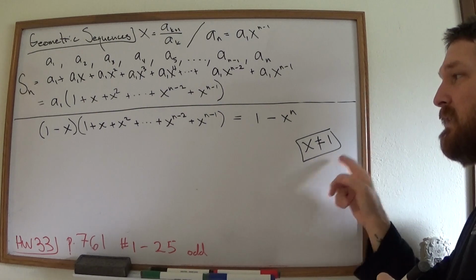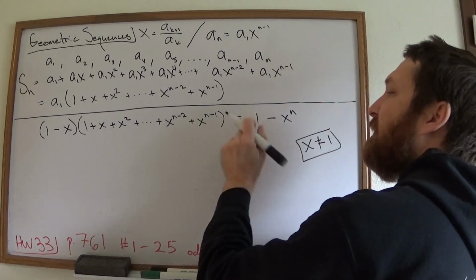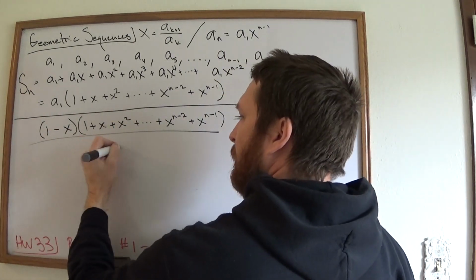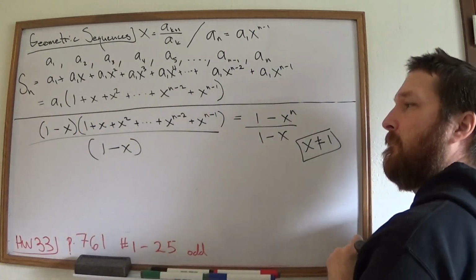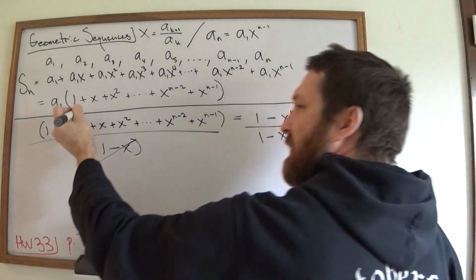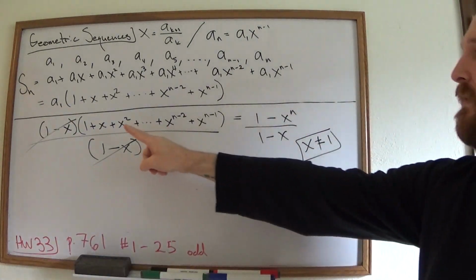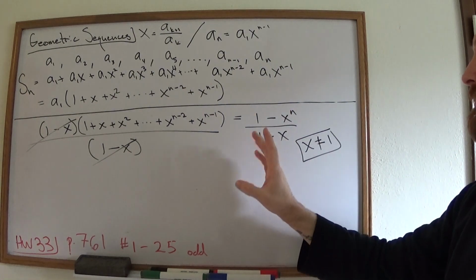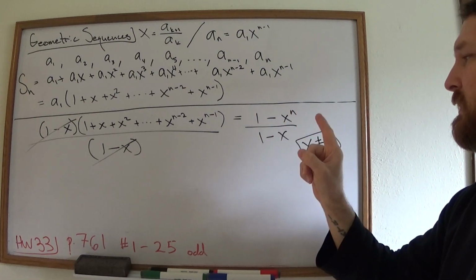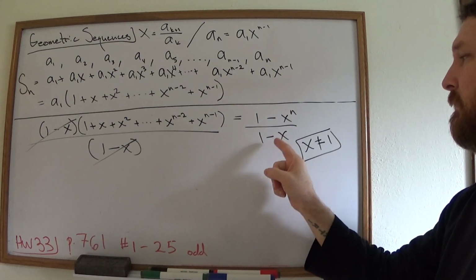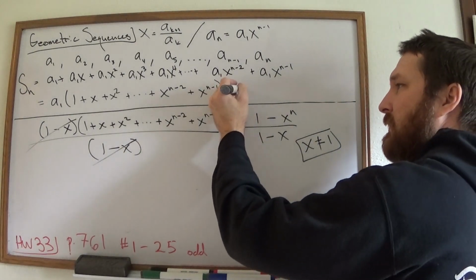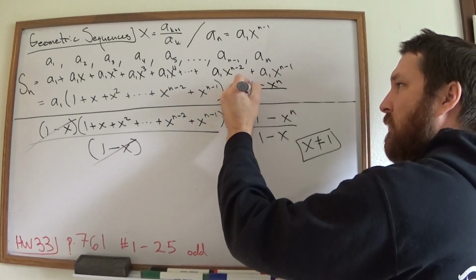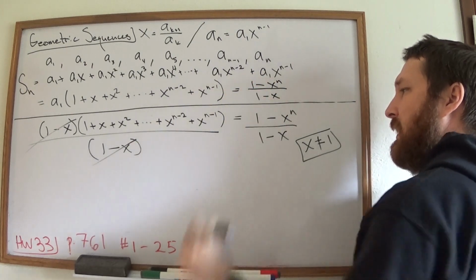As long as x is not equal to 1, then I could divide both sides by this. That cancels, and so this entire thing right here is the same thing as 1 minus x to the n over 1 minus x. So I'm going to write that right here. Minus x to the n over 1 minus x.